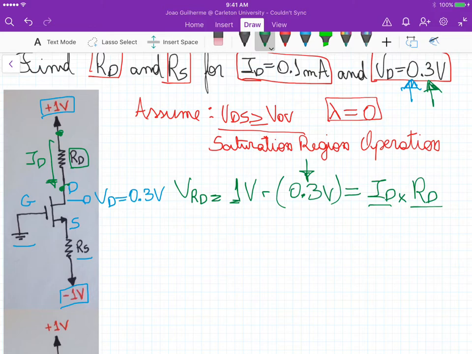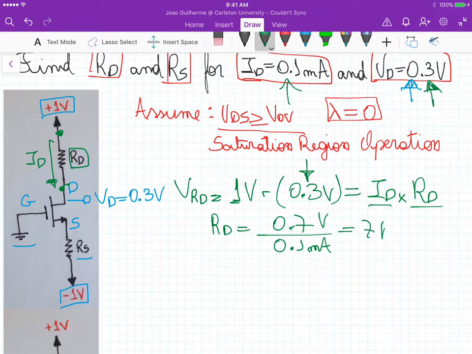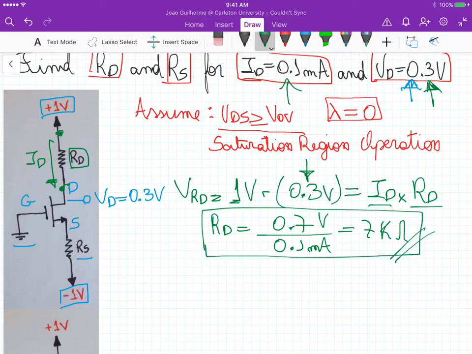From this equation, RD should be equal to 0.7 divided by the current, which is also a parameter from the problem. This gives us a resistance of 7k ohm. That's the first term that we need to find in this problem.